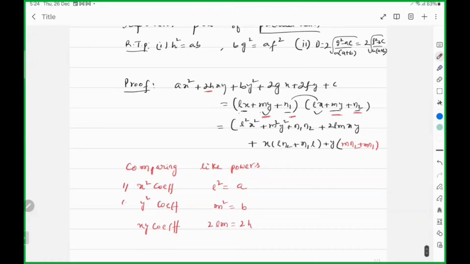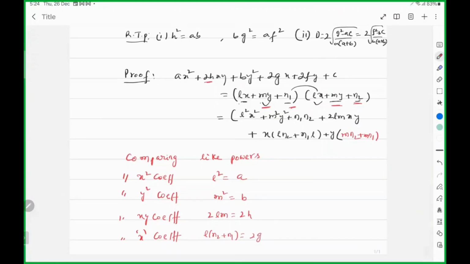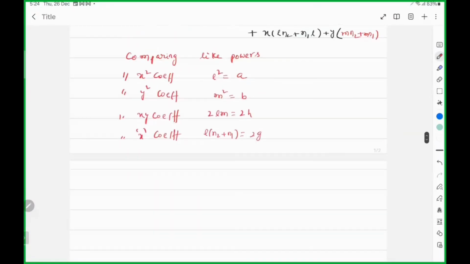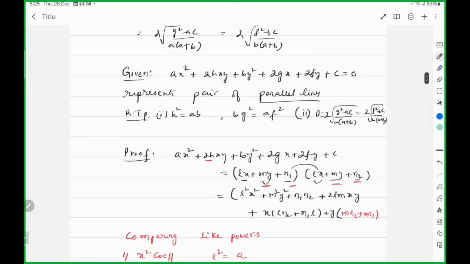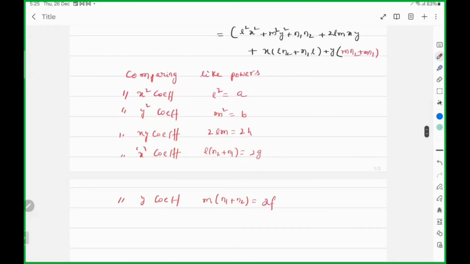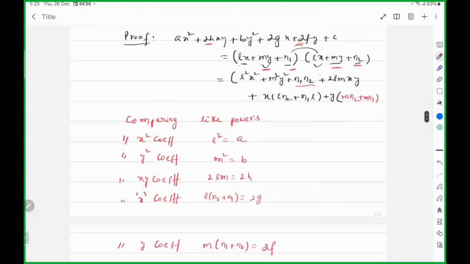Comparing x coefficients, we get L into n1 plus n2, which is 2g. Comparing y coefficient, here it is m into n1 plus n2, which is 2f. Comparing constants, here it is n1 n2, here it is c.